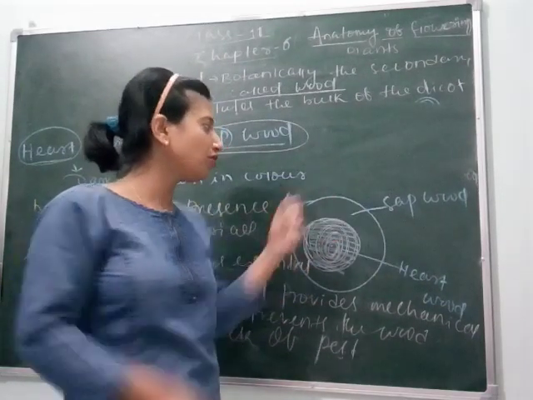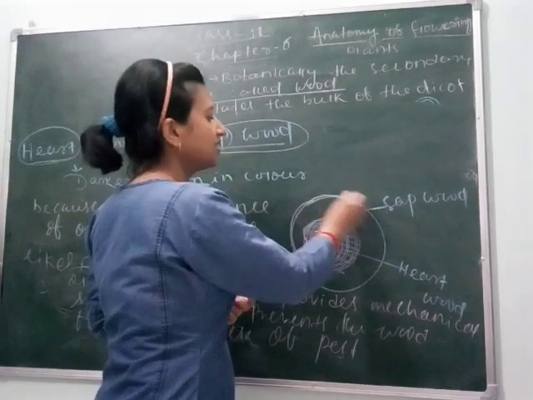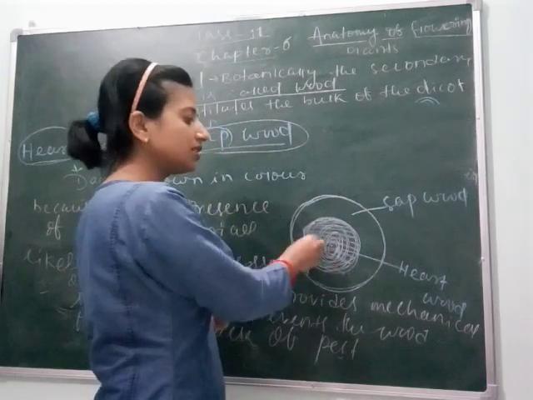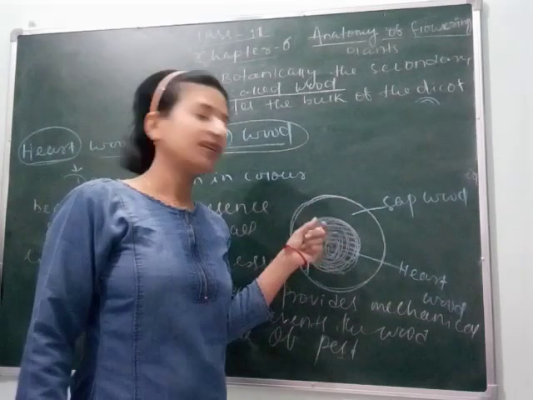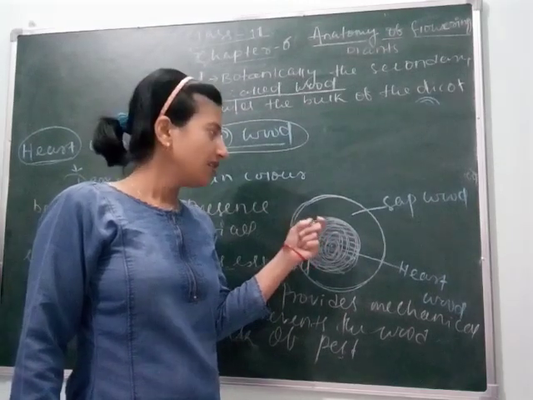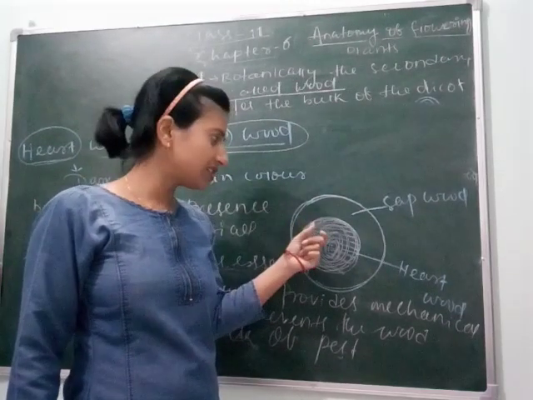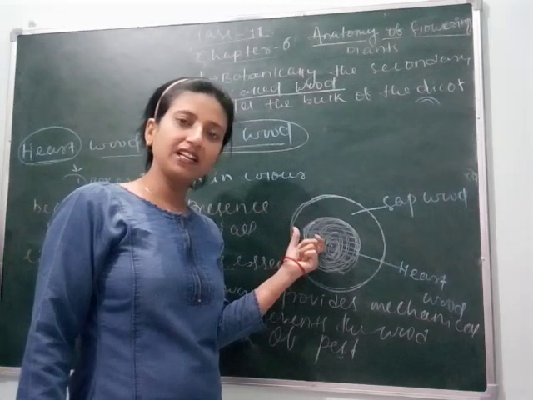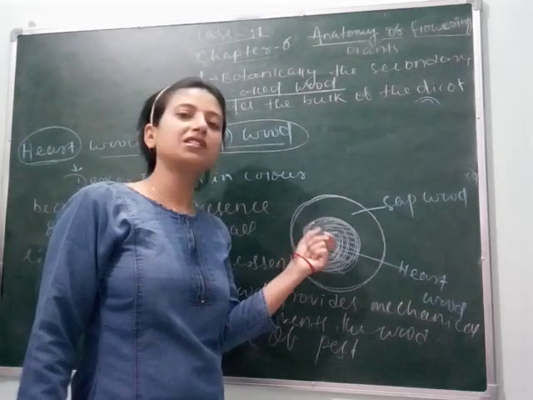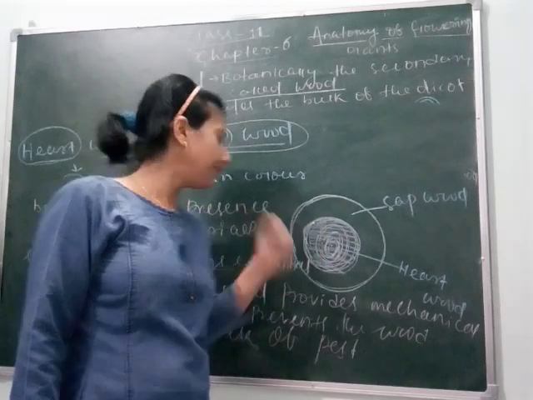So the sapwood is present towards the periphery and hardwood is present towards the center, which has strong resistivity, lignified walls, like cemented walls, and presence of organic materials, which helps the wood for its long lasting time period.